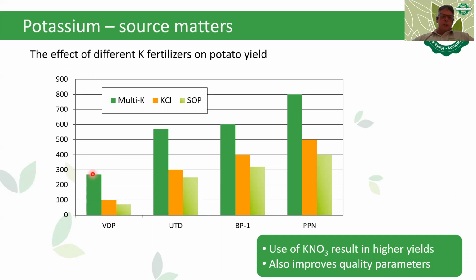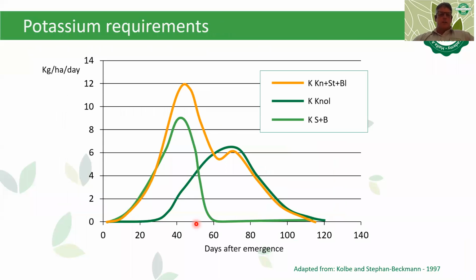And you can see that in every single case here, potassium nitrate gives you almost double the yield under the same conditions as the other 2 forms of potassium. Now the question is, these 2 forms of potassium are relatively cheap, the potassium chloride, potassium sulfate. Potassium nitrate is significantly more expensive, but I think that if you can double your yield, the cost shouldn't be an issue of what the fertilizer costs, but what am I going to do to get the best yield?